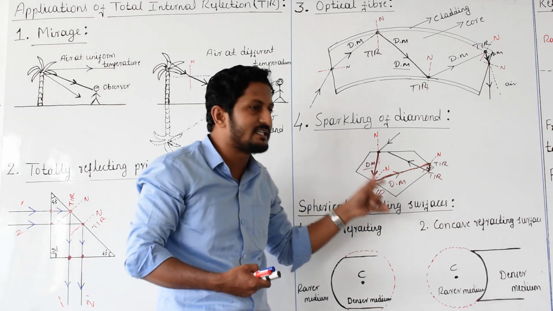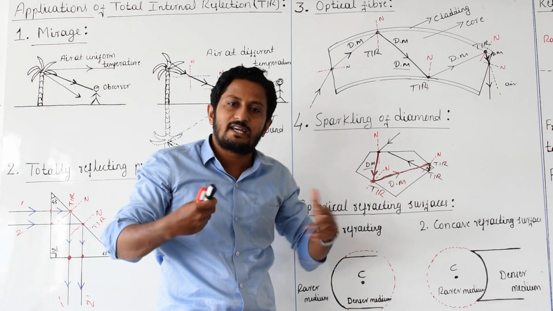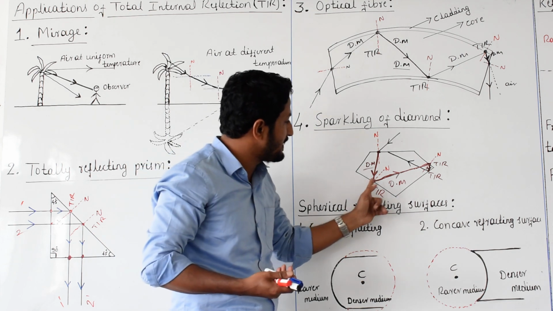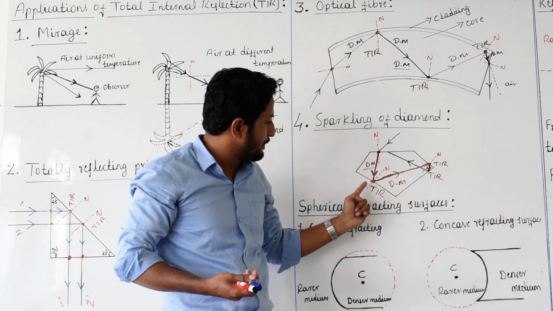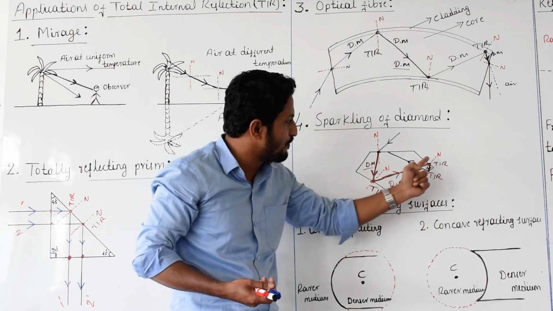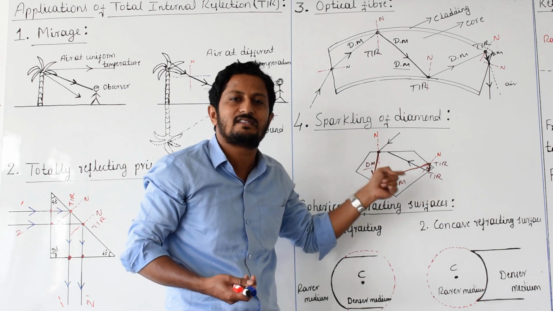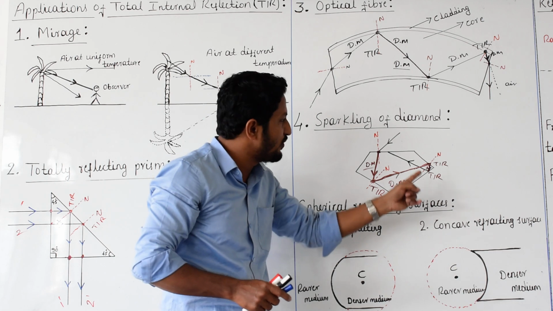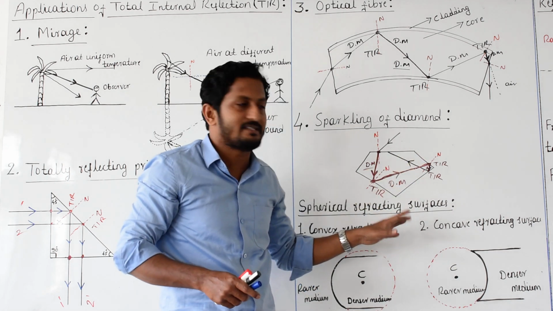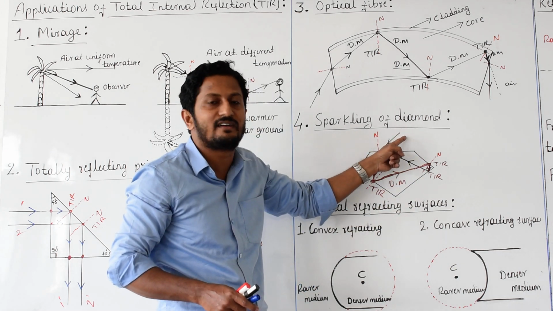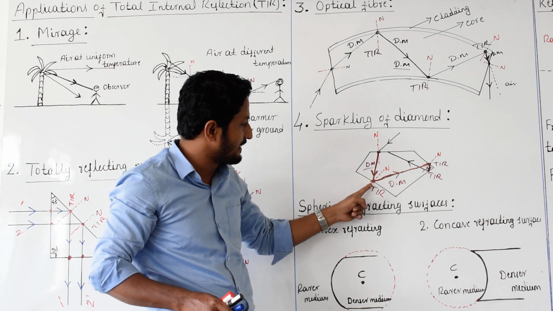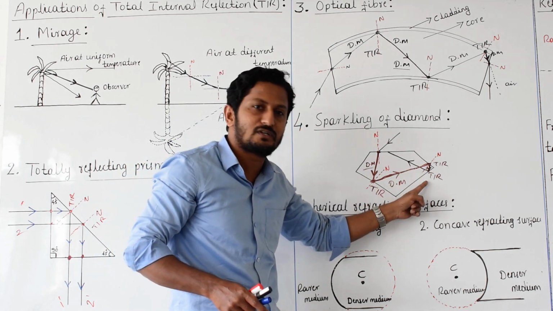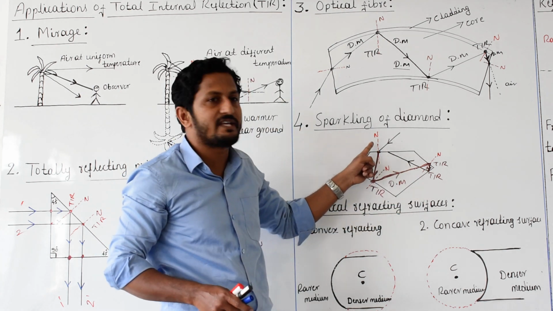So what I mean to say here is, once light enters that diamond, thereafter inside that diamond medium, that entered light experiences multiple TIR. Because of multiple TIR inside that diamond, that light ray moves randomly inside it. See the path of this entered light. It came like this, went here like this, again bounced down, and again bounced up.